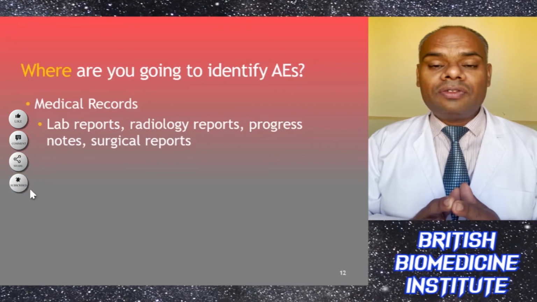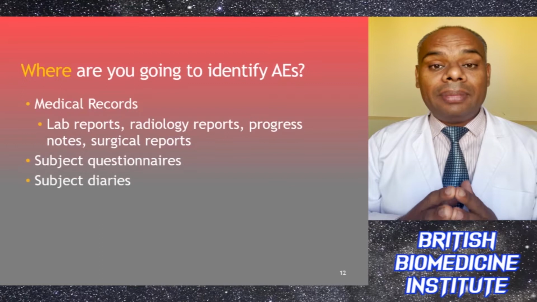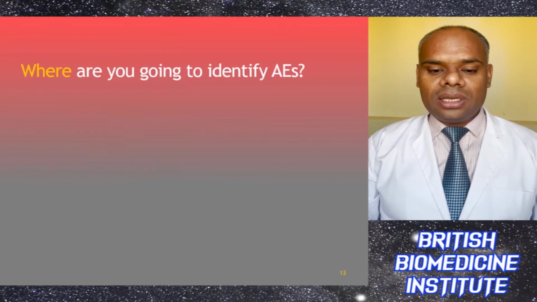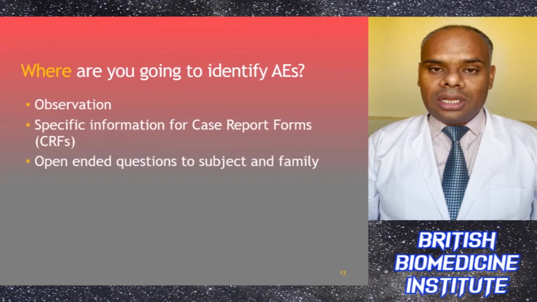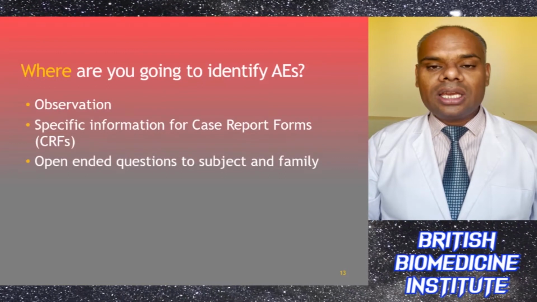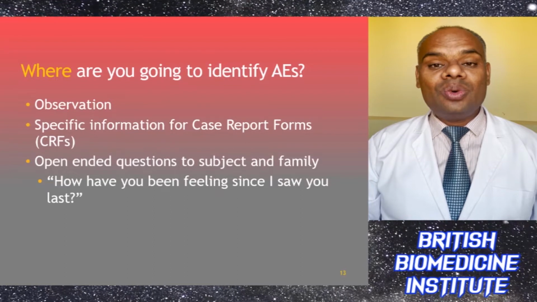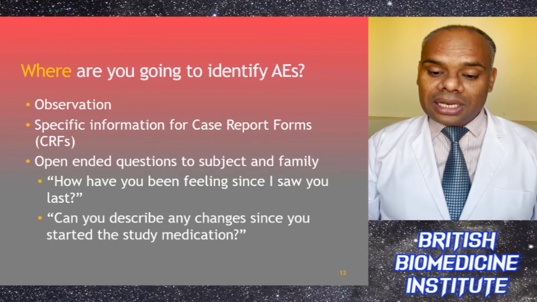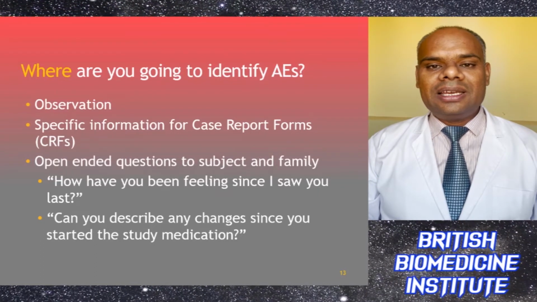We can also get information from subject questionnaires, subject diaries, and medication reconciliation, through observations or through the CRF, case report form, or through open-ended questions to subjects and family, like: how have you been feeling since I saw you last? Or: can you describe any changes since you started the study medication?